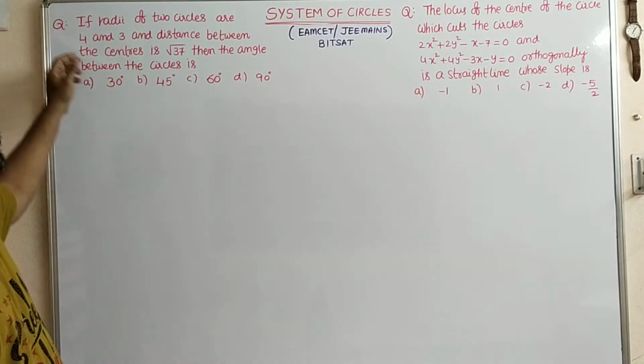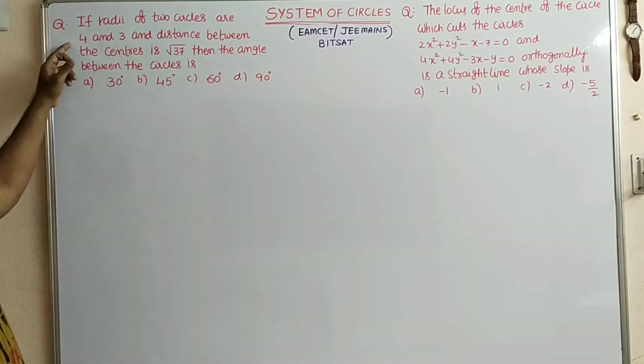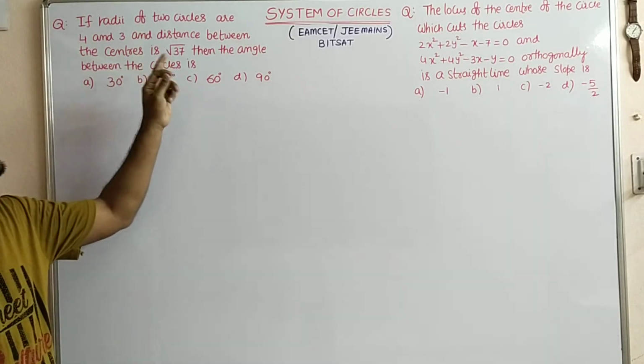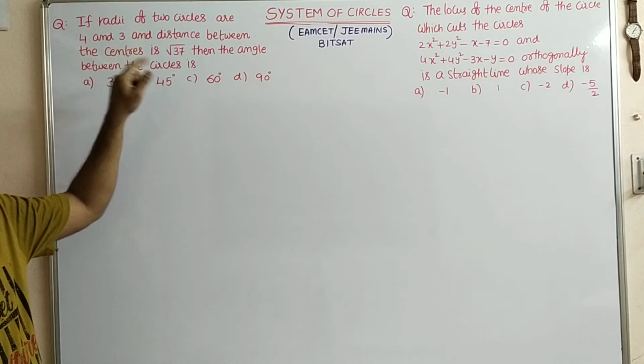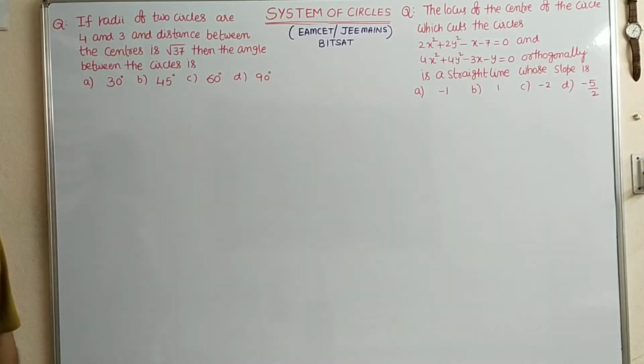First question. If radii of two circles are 4 and 3 and distance between the centers is root 37, then the angle between the circles is.